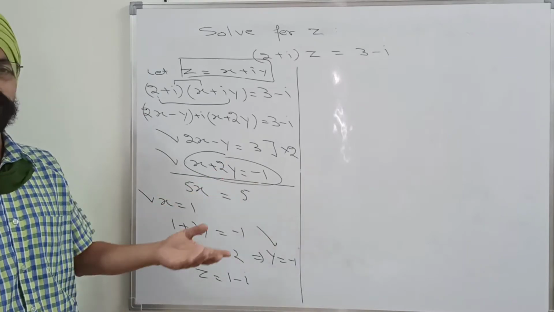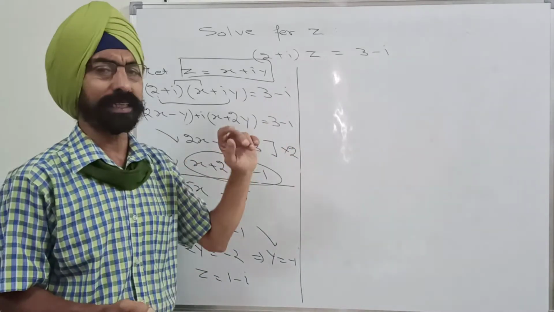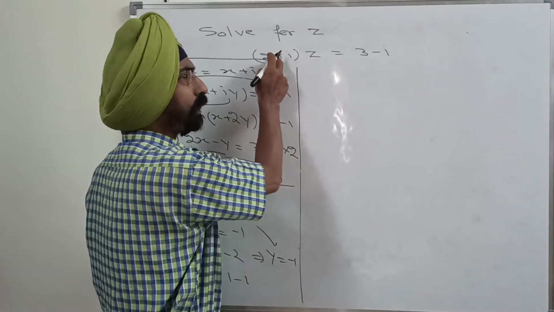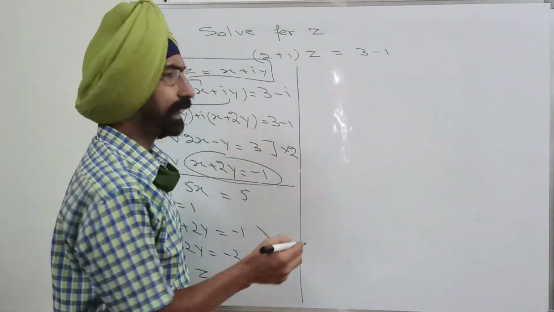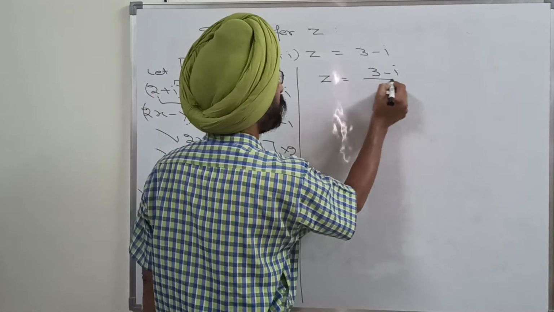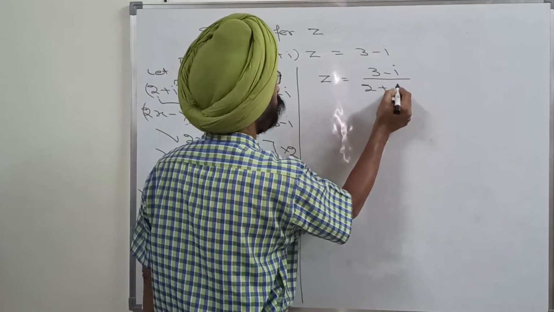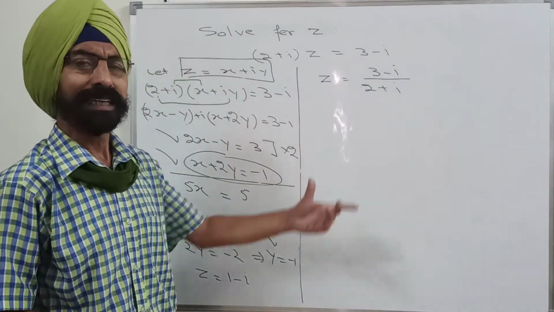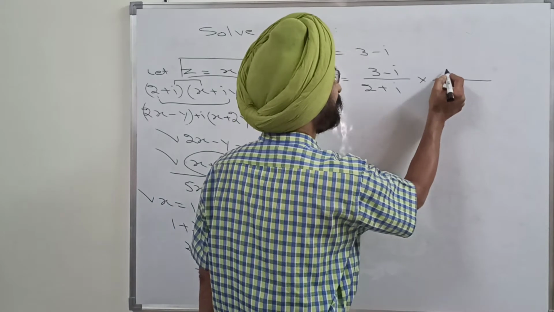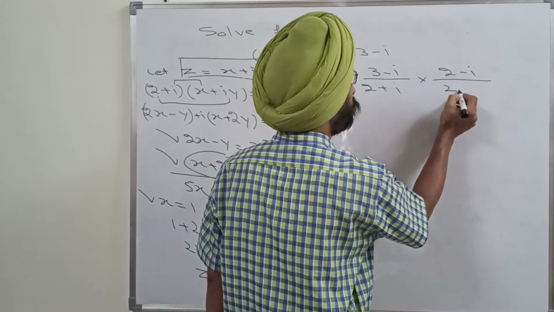So you can adopt other methods. Another method which I am going to use here to solve this equation: take this 2 + i to the right hand side. You will get z equal to (3 - i) over (2 + i). And now multiply denominator and numerator on the right hand side by 2 - i.